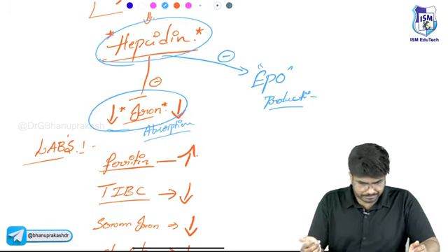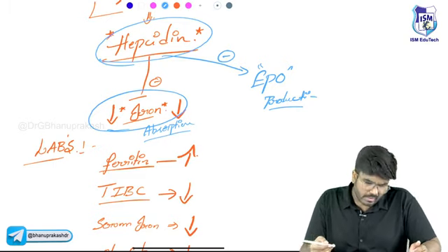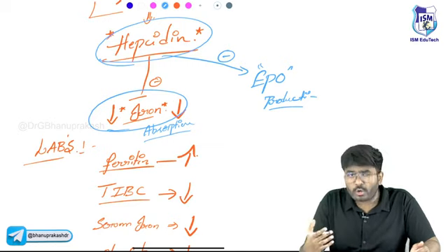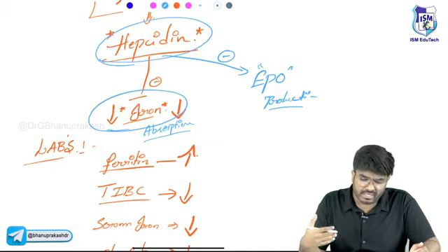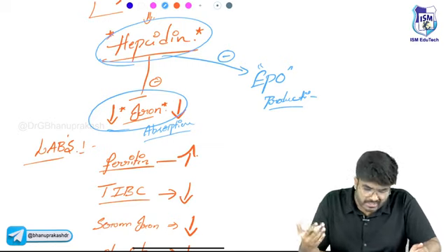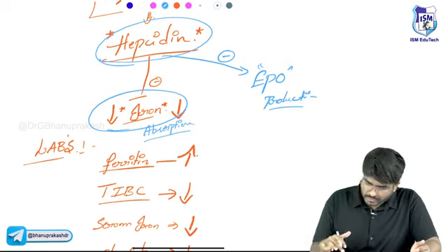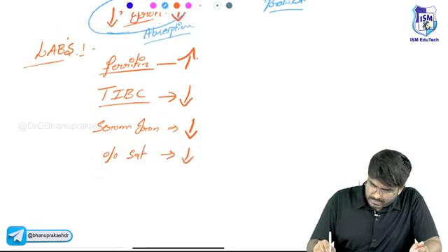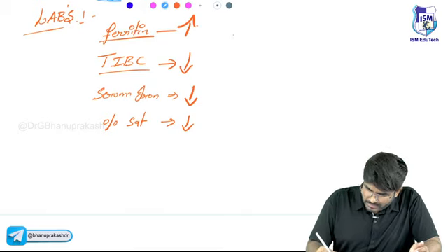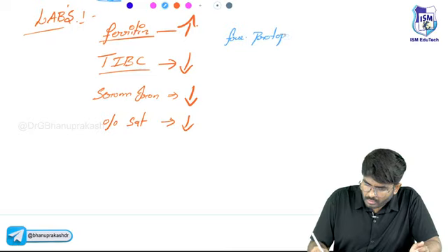In this condition, what happened to ferritin levels? Ferritin levels are going to be more, TIBC is going to be less, serum iron is going to be less, and percentage saturation is going to be less. What about the erythrocyte free protoporphyrin?